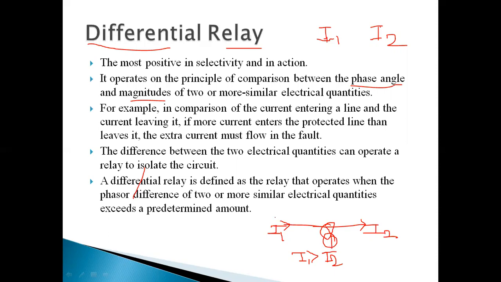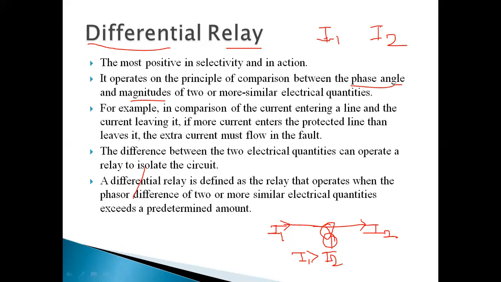So this is the differential relay. Here we are simply comparing two values, or two electrical quantities, that can be the similar or dissimilar quantities, the same or different quantities.